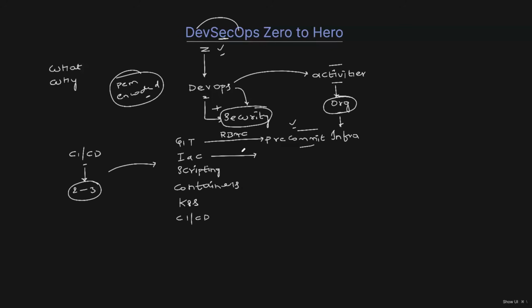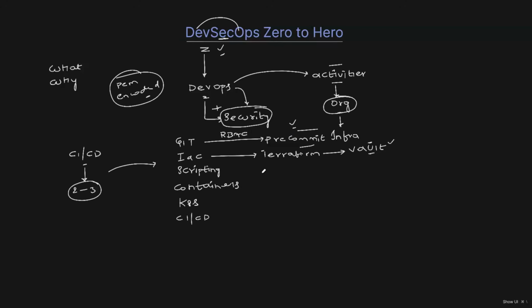A DevSecOps engineer or DevOps engineer with a security mindset, whenever they install platforms like Terraform, would set up secret management solutions like Vault, so that any sensitive information in Terraform, like cloud provider credentials, can be stored in Vault. Even PEM files or secret files can also be stored in Vault secret management.